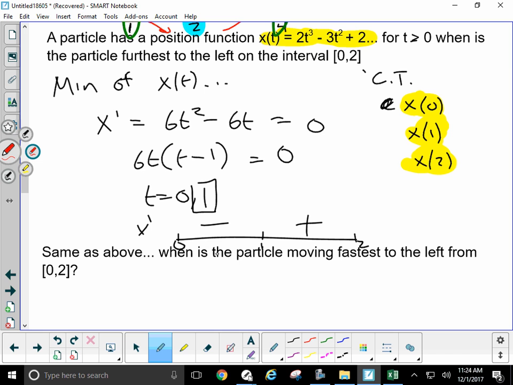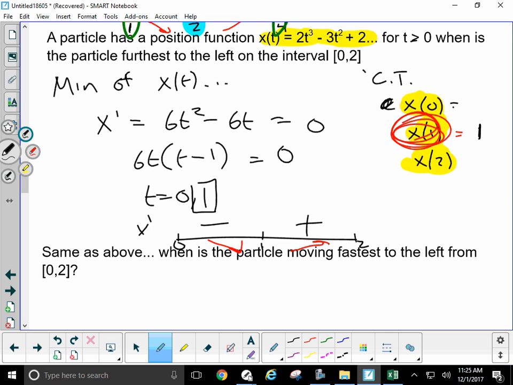That means my particle is moving to the left, then moving to the right, or its position is decreasing, and then its position is increasing, which means I'm definitely furthest to the left at 1. I don't have to do my candidates test if I don't want to. I can just confirm here, plug in 1, 2 minus 3 plus 2 is negative 1 plus 2, which is 1.